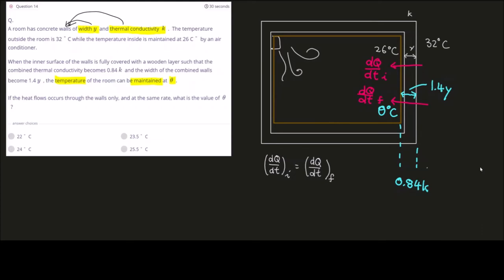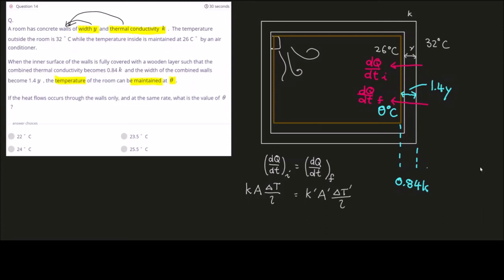Well, since we already write that the rate of heat flow is the same, it is in steady state, let's just do what we have been doing all this while. So you'll have your K A delta T over length. Okay, but now the final, you have new condition, so let's just call it K prime A prime delta T prime over L. I dropped the negative sign.